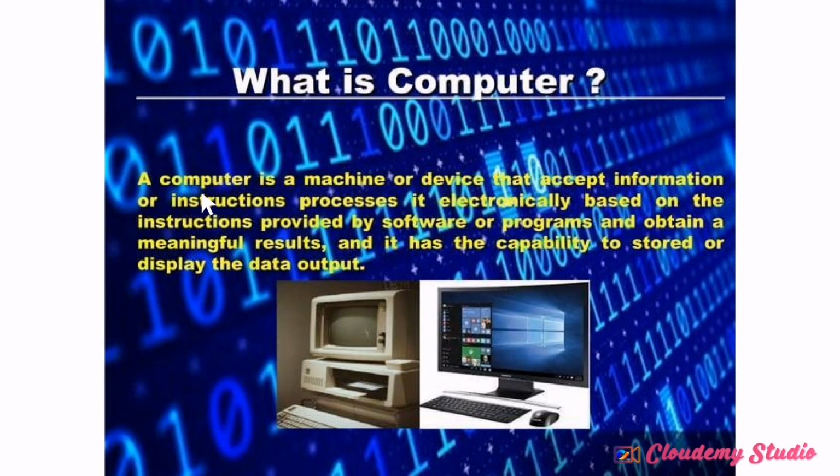A computer is a machine or device that accepts information or instructions, processes it electronically based on the instructions provided by software or programs, and obtains a meaningful result. And it has the capability to store or display the data output.